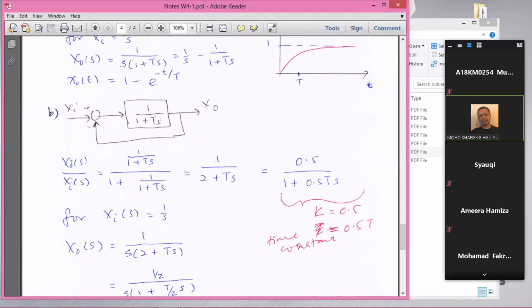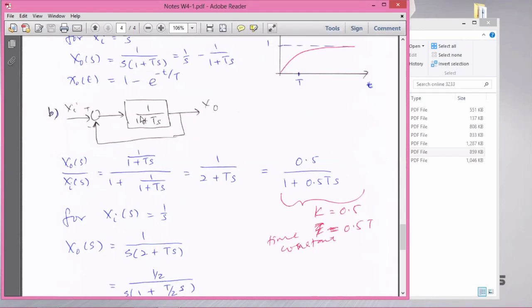So the overall transfer function is not simply 1 divided by 1 plus Ts. It is G divided by 1 plus GH.